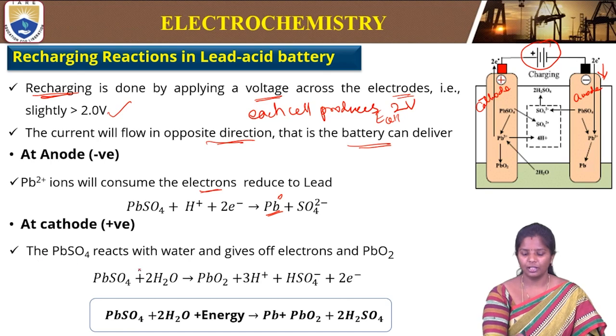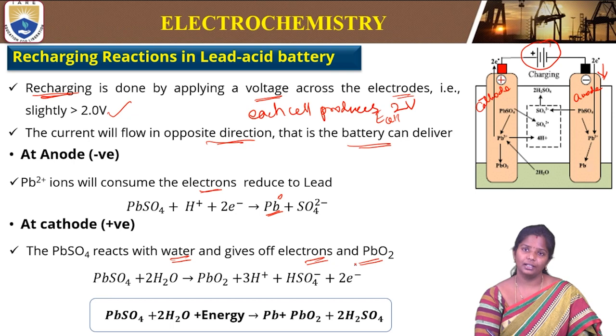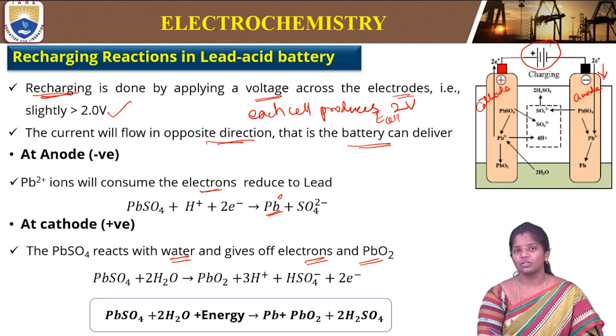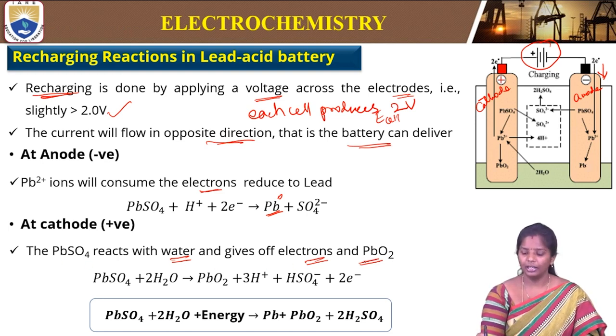At anode what happens? The lead sulfate reacts with water and gives off electrons and lead dioxide. As we know, we will be filling water for the lead acid batteries. So this water will help in regenerating the lead dioxide. So the overall reaction will be lead sulfate plus water plus energy.